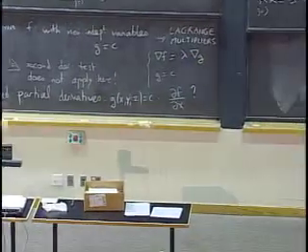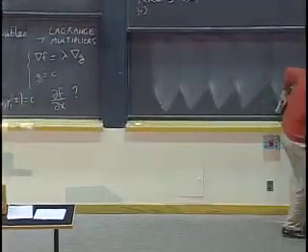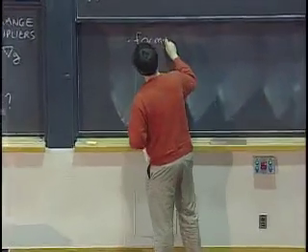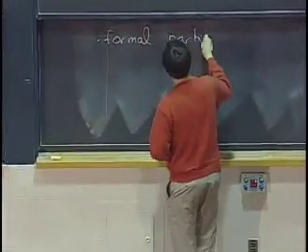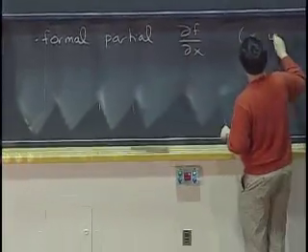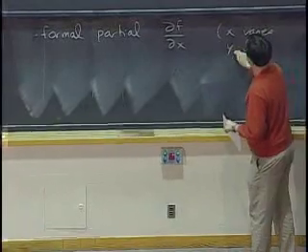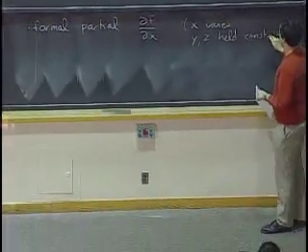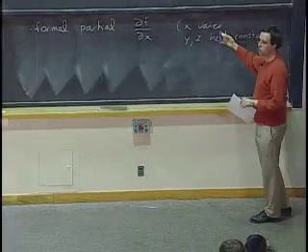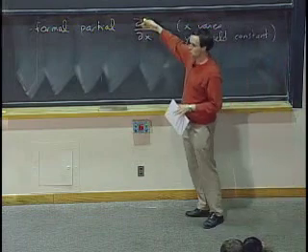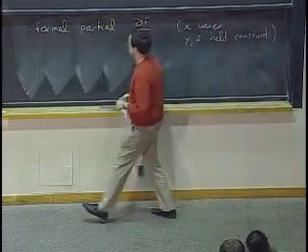Just to remind you very quickly, there's the formal partial, partial f, partial x, which means x varies, y and z are held constant, and we forget the constraint. This is not compatible with the constraint, but we don't care. That's the one that we compute just from the formula for f, ignoring the constraint.